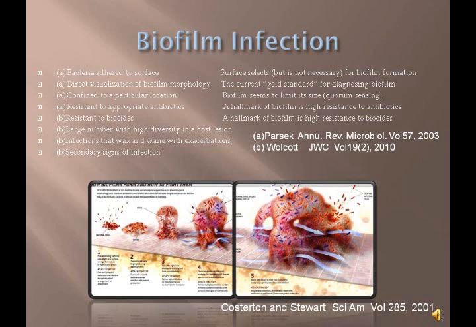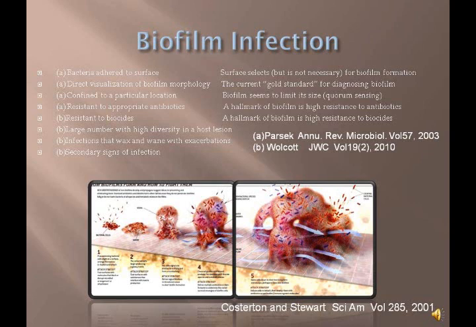But there's not enough money and time for a clinician to be looking at things with SEMs. So surrogate markers would be if it's resistant to antibiotics, or if it's resistant to silver, Hydrofera Blue and Iodosorb. If it's resistant to biocides, then that would make one think that it's biofilm phenotype.